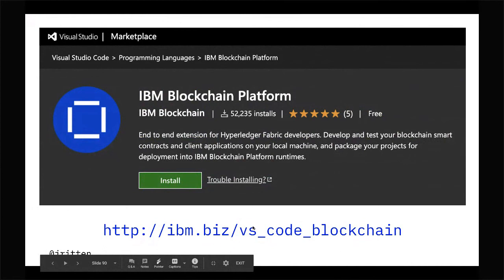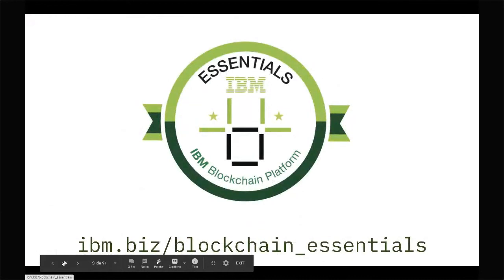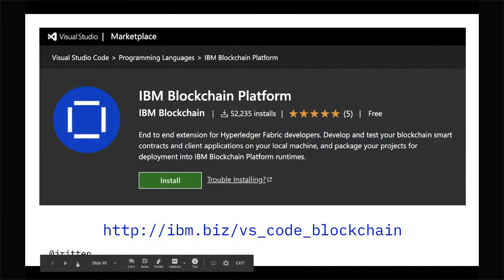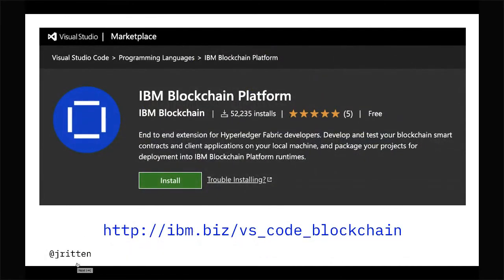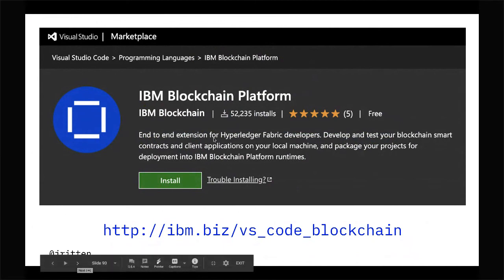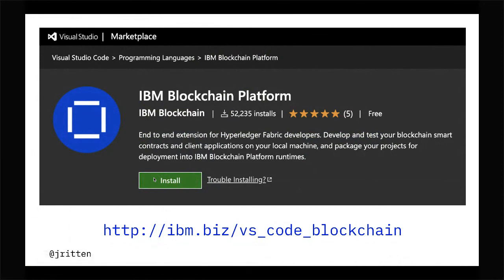So if you just go to ibm.biz/VS Code blockchain, that'll take you right to the VS Code extension to install it. Once you have all of your prerequisites installed, it will run on the back end and tell you if you're missing something that needs to be installed. I think I had 3 or 4 things that I needed installed, or proper node versions.